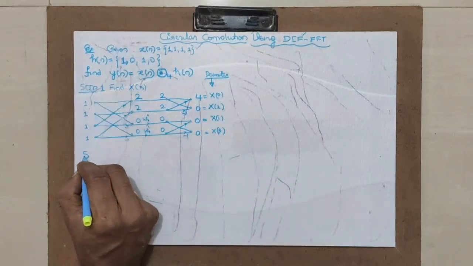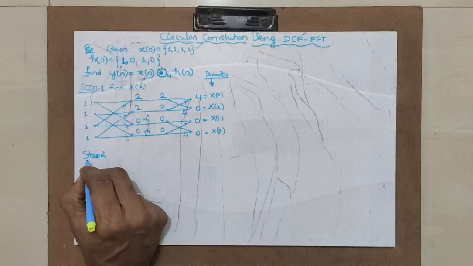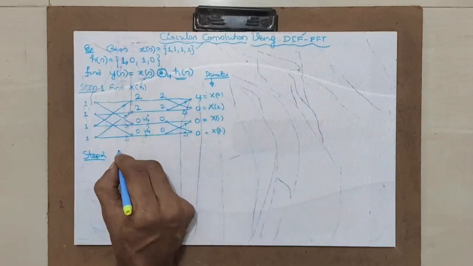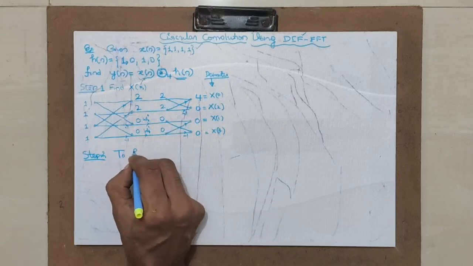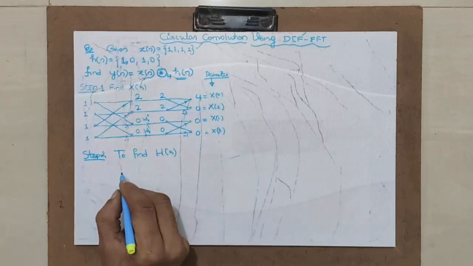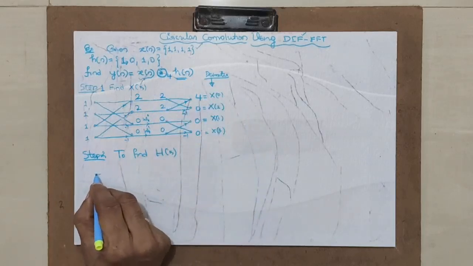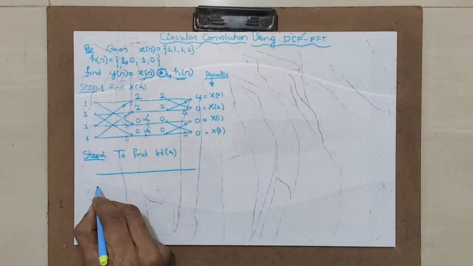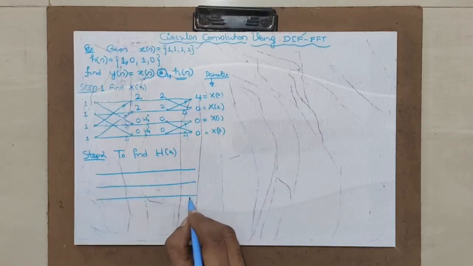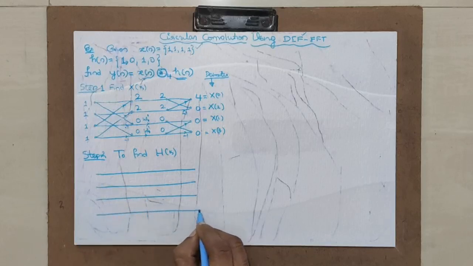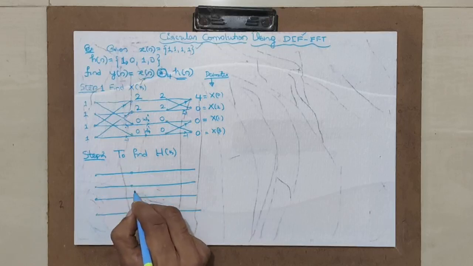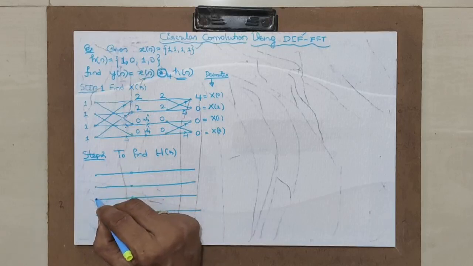Now let me go to step 2. I have to find the second signal. Here it is given as h, okay? Hence I have to find h of k. I will again draw 4 straight lines, and longer diagrams at the start and crisscross at the end.